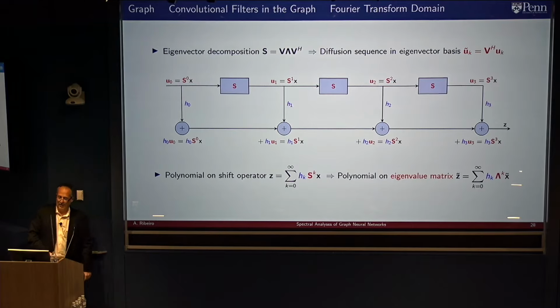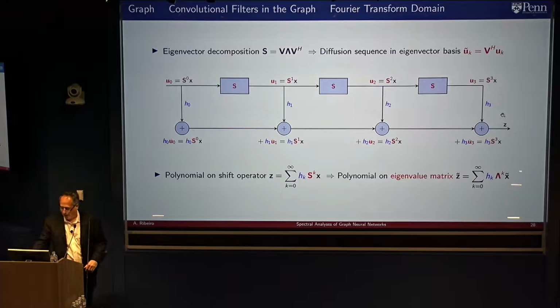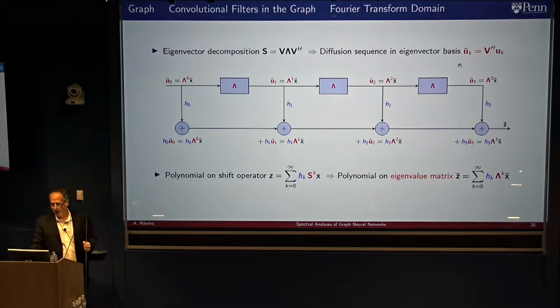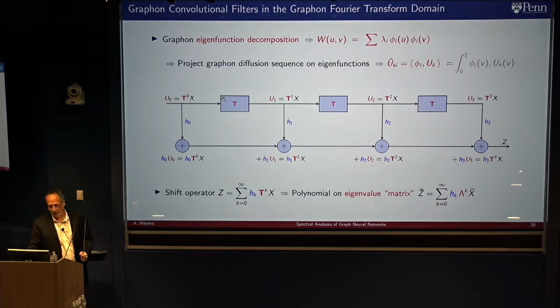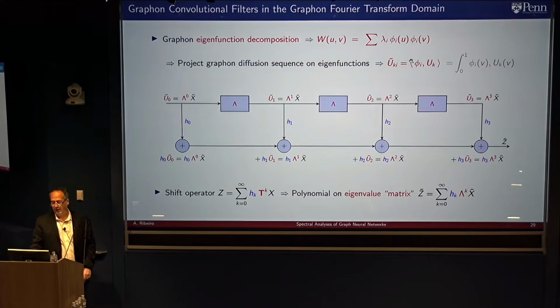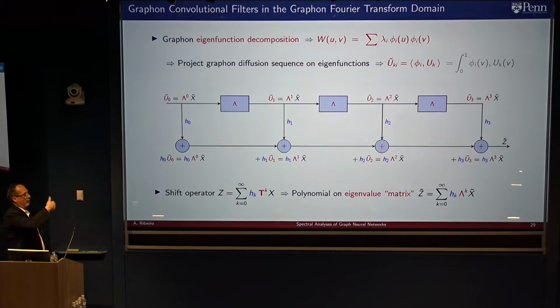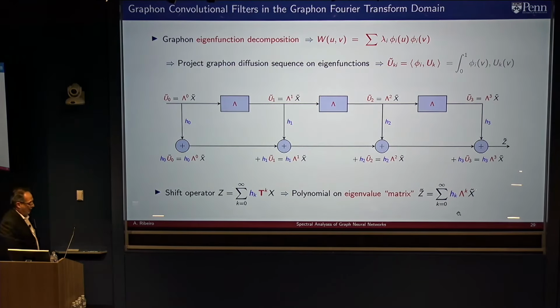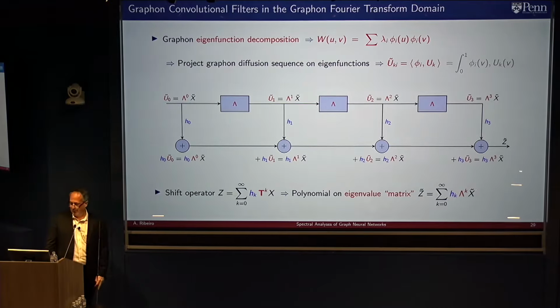If it is algebraically the same object, in the same way in which I got this architecture and I projected it into the eigenvector space so that I could end up with a diagonal representation on the eigenvalues of the graph, I can get this architecture and project it into the eigenfunctions of the graphon kernel and end up with a representation that is diagonal on the corresponding eigenvalues of the graphon.